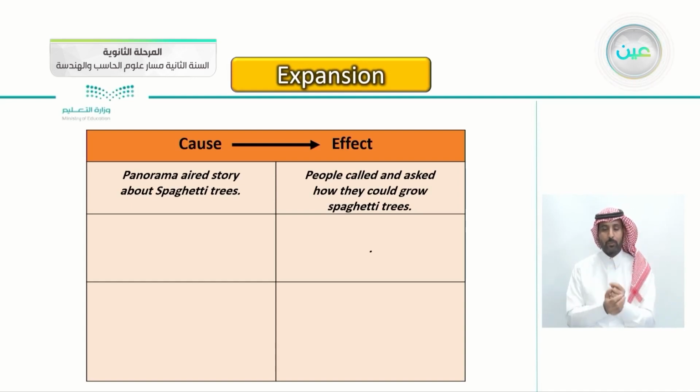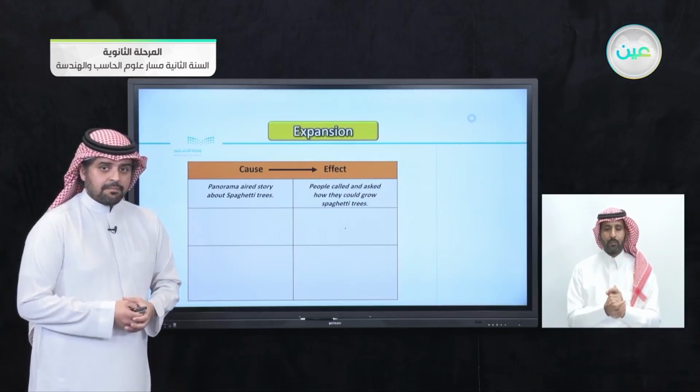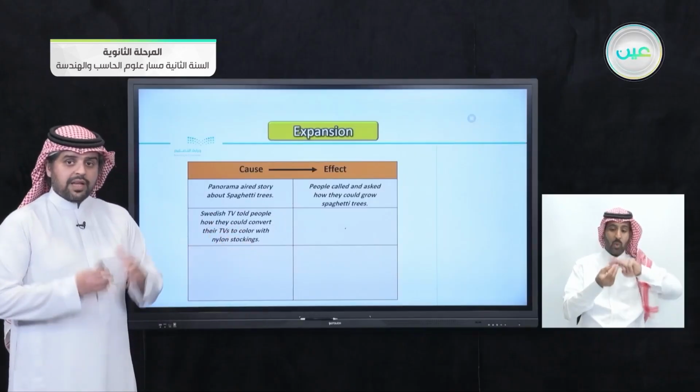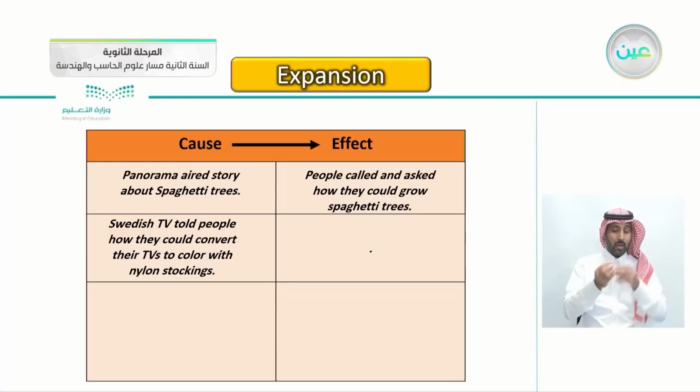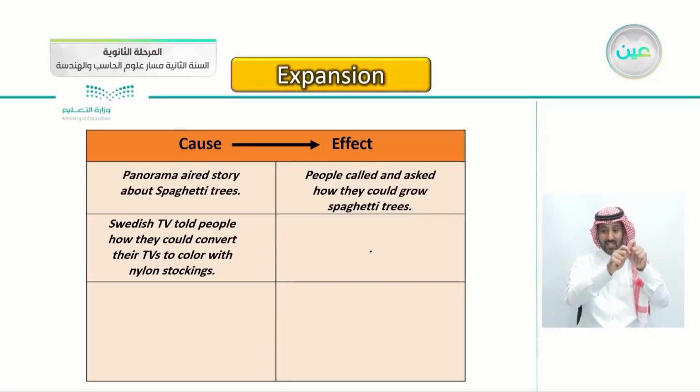Very good. So give me another cause here. Another cause. Very good. Yes, the Swedish TV told people how they could convert their TVs into color with nylon stockings. Of course, this was in the 60s, where black and white TVs, and the Swedish TV told people to put nylon on the TV to become colored TV.